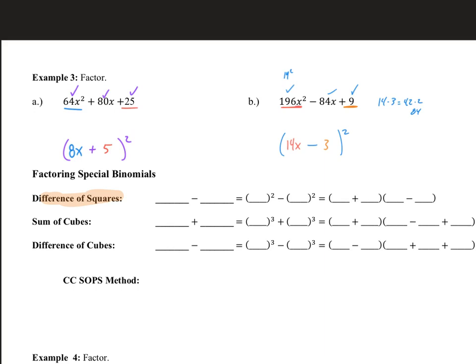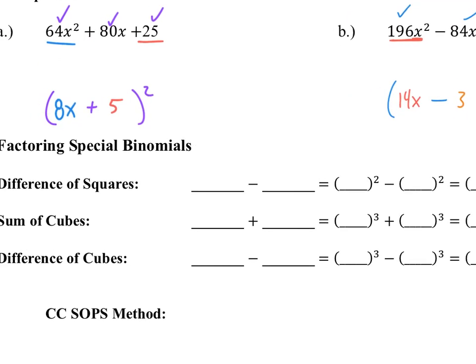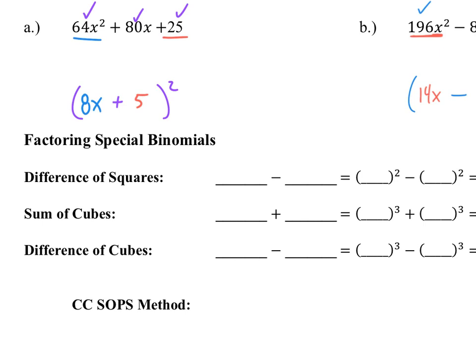So difference of squares, like I was just talking about, is again a pattern-based recognition. Difference meaning subtraction, so it has to be subtraction in the middle, and the first term has to be a perfect square, something like 49x squared, and the last term has to be a perfect square, maybe something like 25.